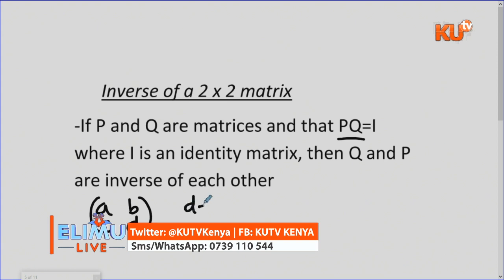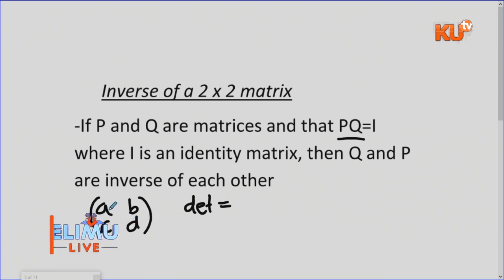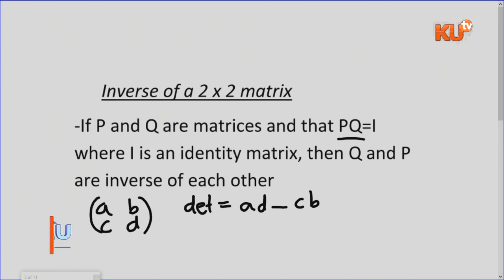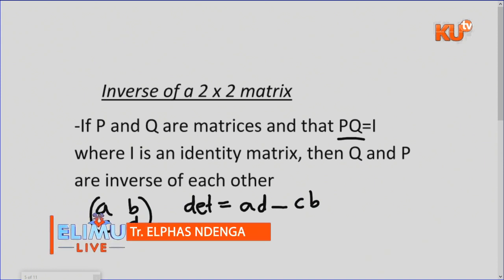The determinant is equal to the product of elements in the leading diagonal, A and D, that is AD, minus the product of elements in the other diagonal, C and B, that gives us CB or BC. Let's call this det A, meaning the determinant of our matrix.